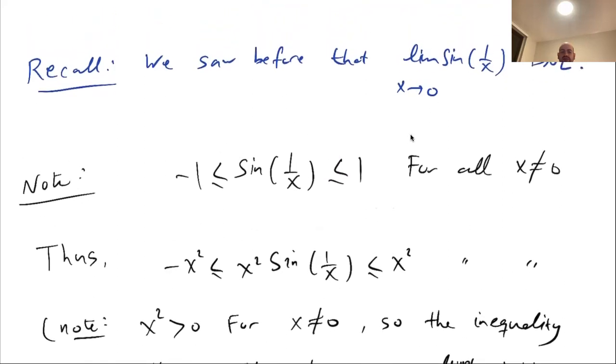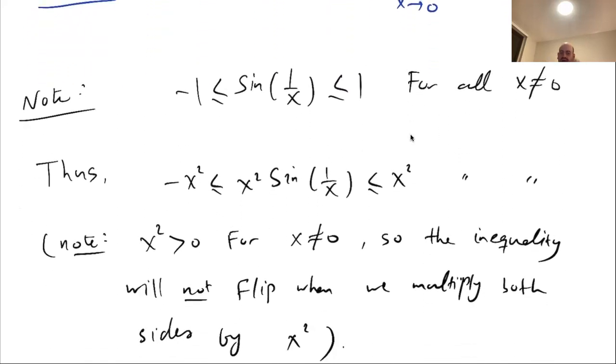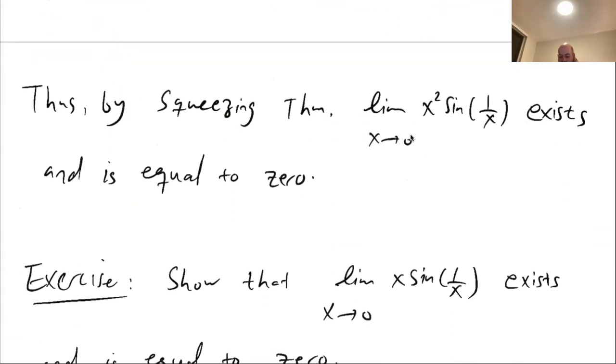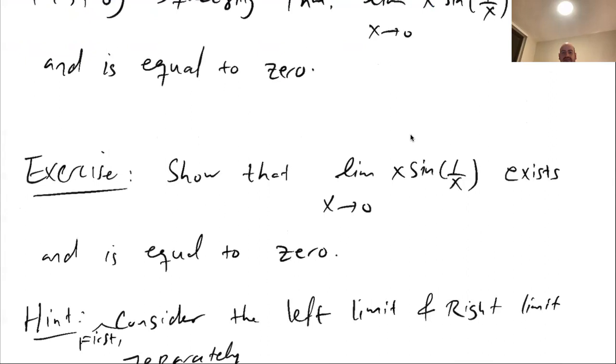And the reason was that we had an inequality, and we multiplied everything by x squared, which was a positive number, and the inequality remained unchanged. But here, when you want to multiply everything by x, you can again start with sine 1 over x being between -1 and 1. Then you have to multiply everything by x. Now, when you multiply by x, x approaches 0, right?